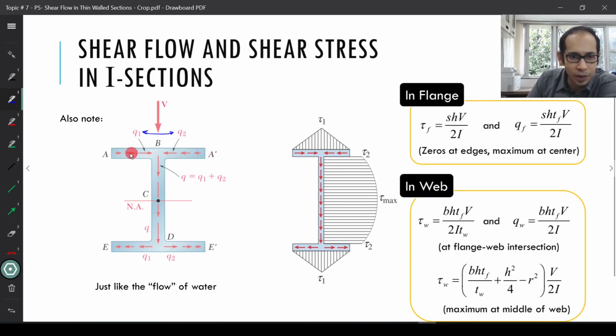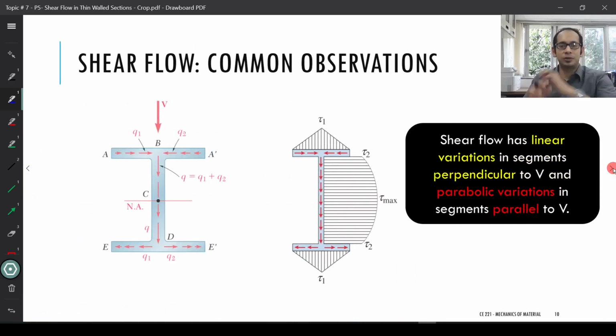You have a smaller arrow at the edges, it peaks up at the center. The length of this arrow is essentially the double of this one, because it sort of merges together. And here at the center, this tau or the Q is maximum. So you have the biggest arrow over here, it reaches back over here, and essentially the water flows out something like this, right?